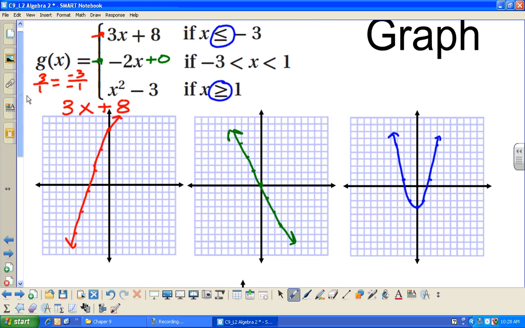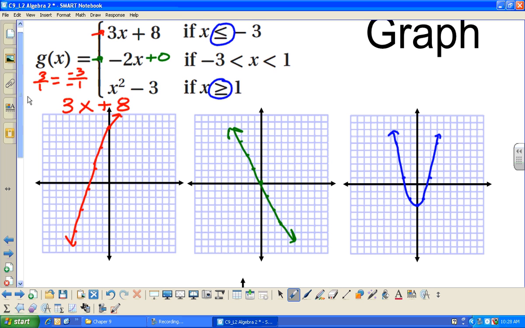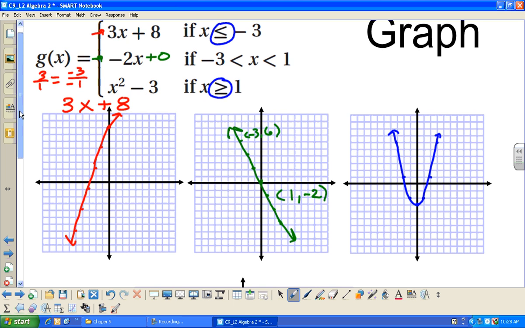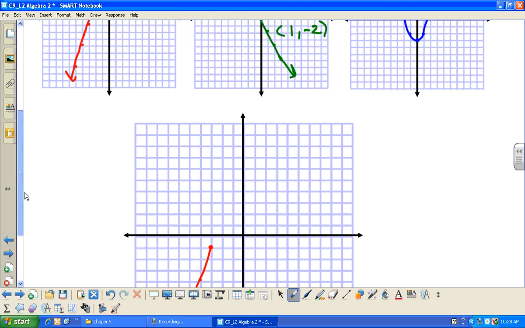For my green graph, it's in between the 2 points, negative 3 and 1. If I look at my green graph, at negative 3, my green graph is up 6. And at 1, my green graph is down 2. So I'm going to plot those 2 points, (negative 3, 6) and (1, negative 2).